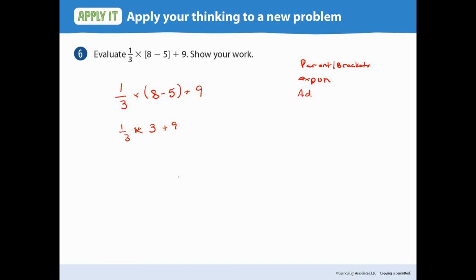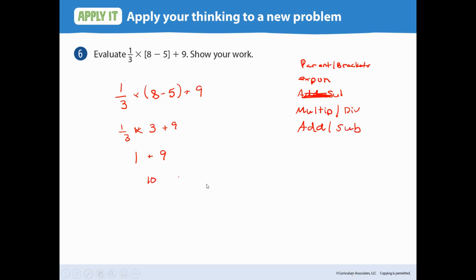And my next one is multiplication, division. So do I have any multiplication division? I do, and I have 1/3 times 3. Well, 1/3 times 3 is going to be 3 over 3, which is going to be 1. And then I have plus 9 left. And the only thing I have left now is that addition, subtraction, and 1 plus 9 is 10.